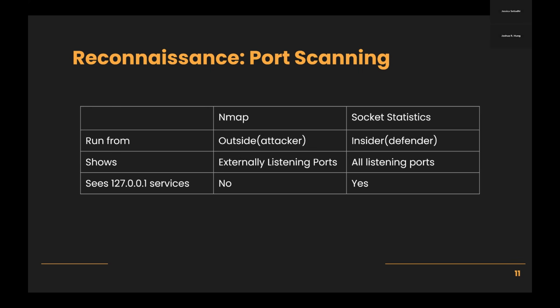It shows the externally listening ports, and you can't see anything listening internally. Socket statistics is typically used by the defender from inside the machine. You can see all the listening ports, including everything listening internally on the machine.